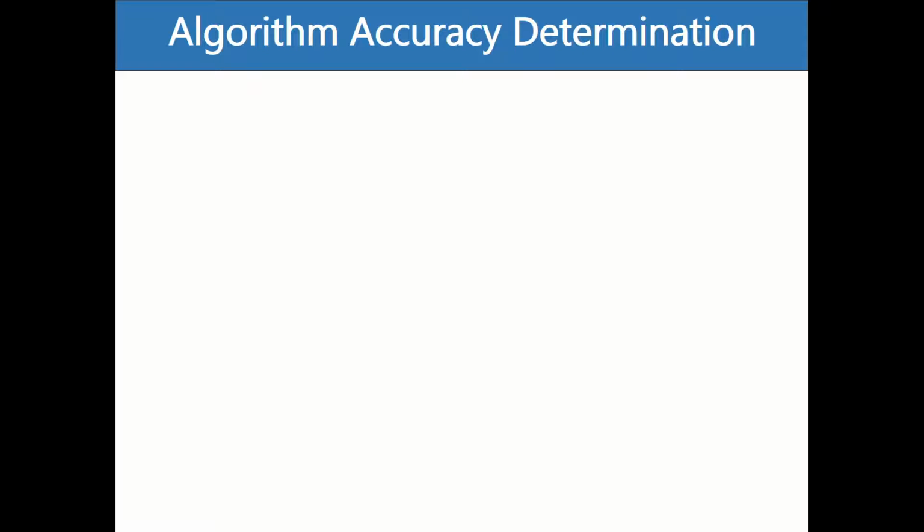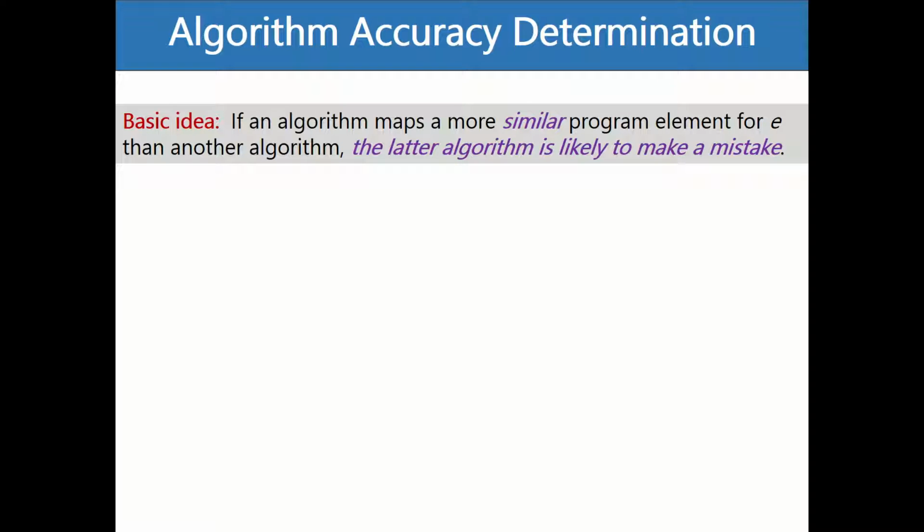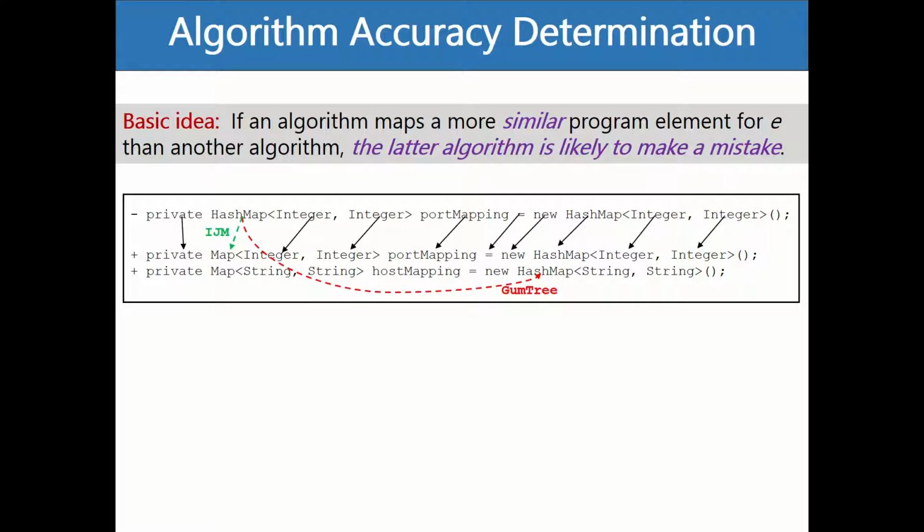Our basic idea is that if an algorithm maps a more similar program element than another algorithm, the latter algorithm is likely to make a mistake. For instance, based on the example in the figure and some other examples we observed, we summarize that mapping tokens in the mapped statements is more likely to be accurate.